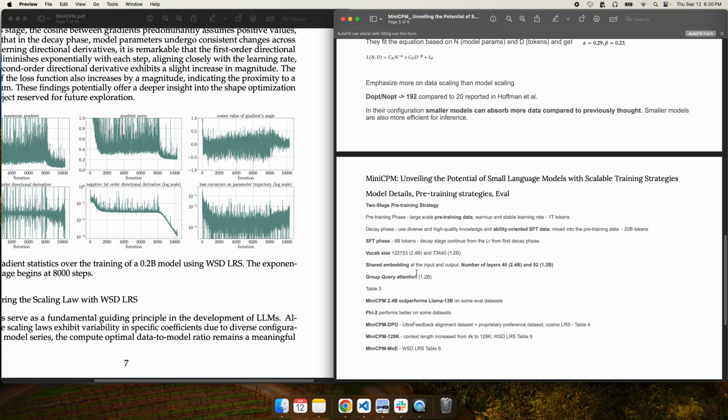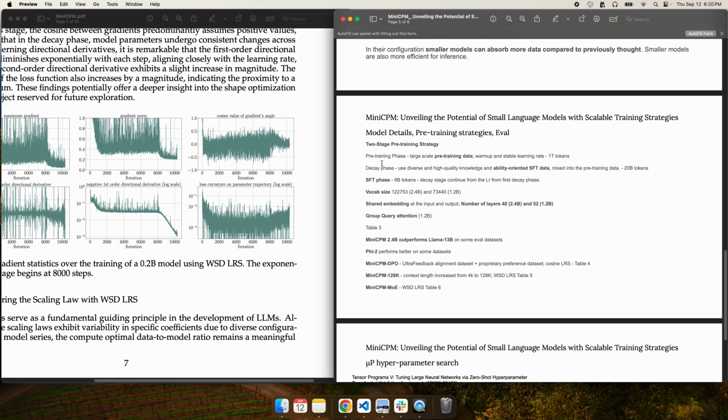Paper. So the next thing they do is basically they introduce a different pre-training strategy. So typically we do the pre-training with a large pre-training data set. Now they're saying that including some high-quality supervised fine-tuning data along with the pre-training data is actually better than just using the pre-training data.